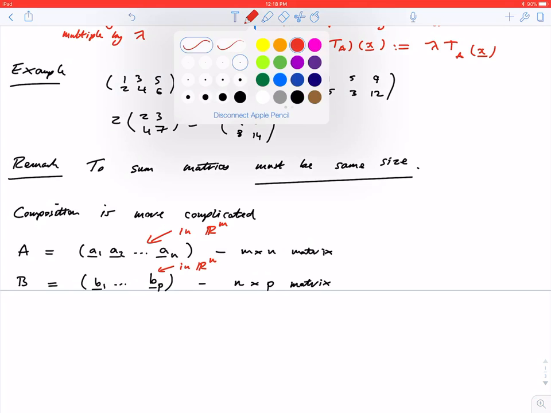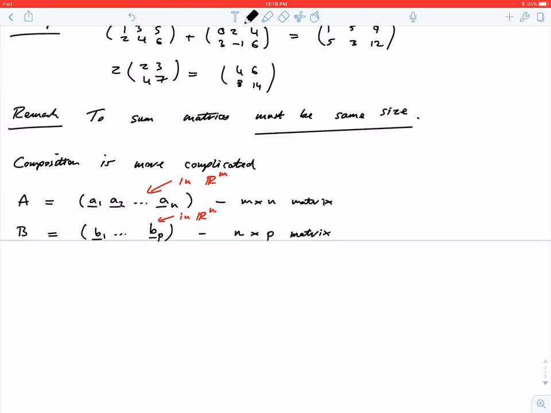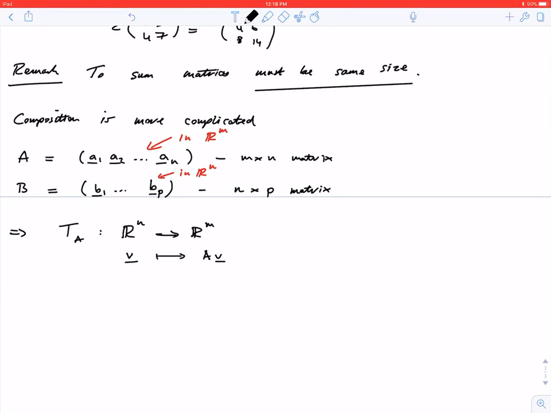Well, let's convert this to linear transformations. So the TA matrix, where does it go from? Where does it go to? It goes from Rn to Rm. And what does it do? Well, it sends V to AV. That's the definition of this linear transformation. What about TB?